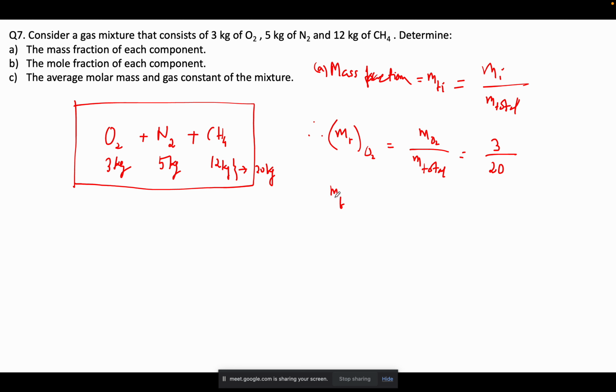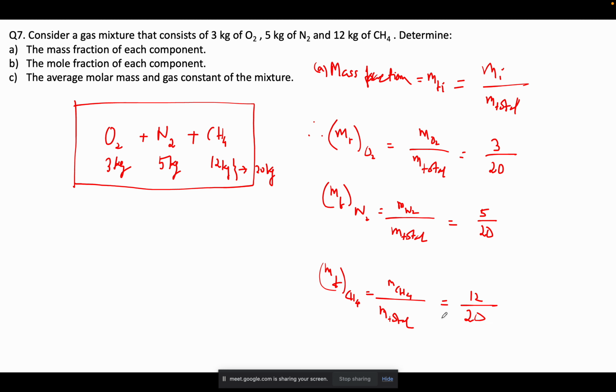Similarly, MF of nitrogen will be mass of nitrogen divided by M total, that is 5 by 20. And mass fraction of methane will be mass of methane divided by M total, that is 12 by 20.